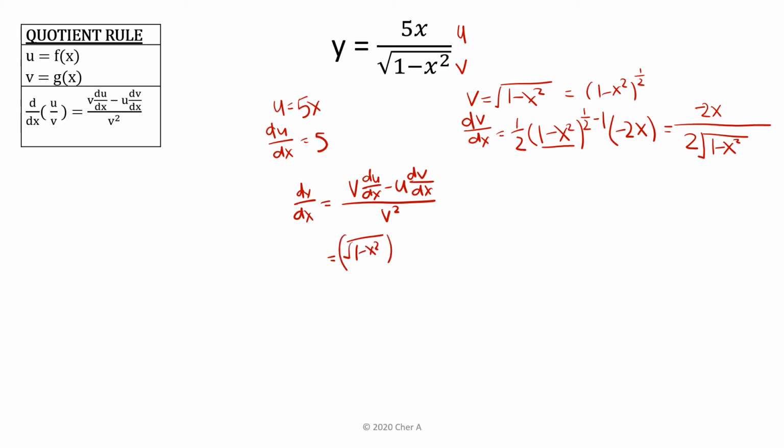My du/dx is 5, minus my u, which is 5x, times my dv/dx, which is negative 2x over 2 square root 1 minus x squared. We shall not forget our v squared, which is 1 minus x squared.